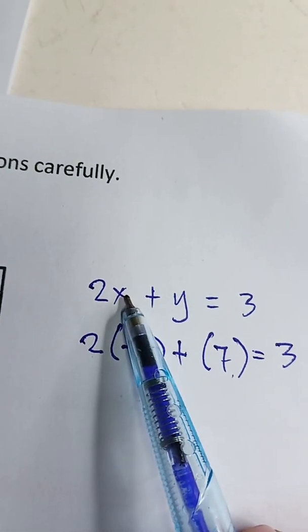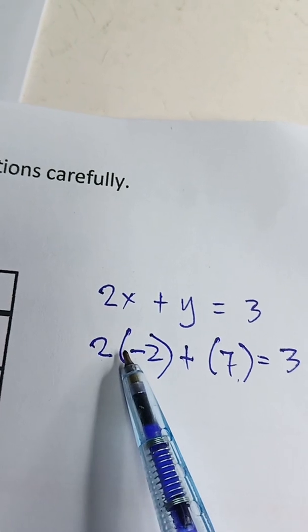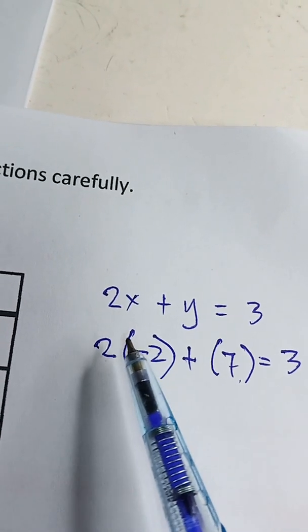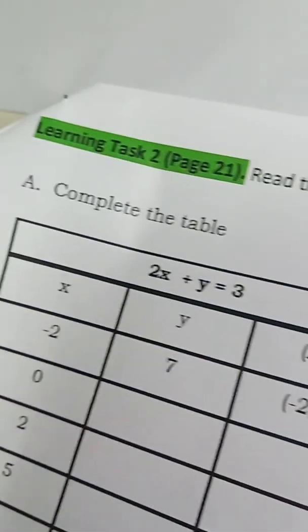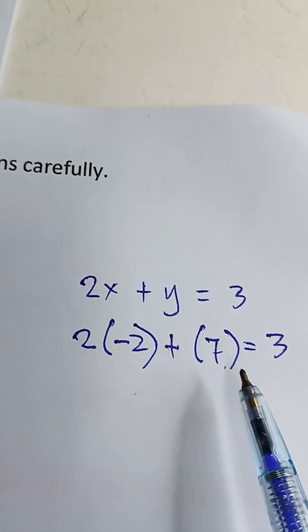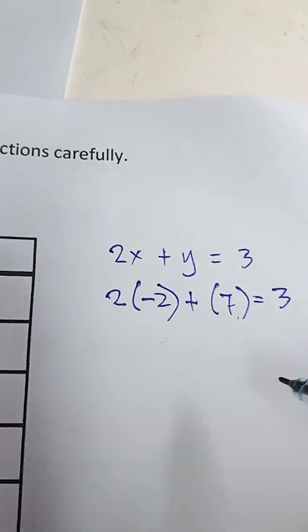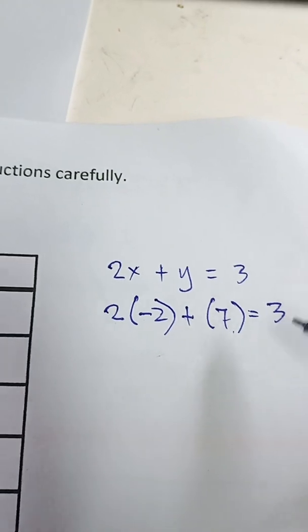For x, okay, 2 times x dapat dito, di ba? So, instead of x, nilagay lang natin yung open and close parenthesis, and then negative 2 for its value in the table, di ba? And for y, nilagay lang natin na open and close parenthesis, and its value, which is 7. And then, if we evaluate this one and see if talaga 3 yung equivalent niya.